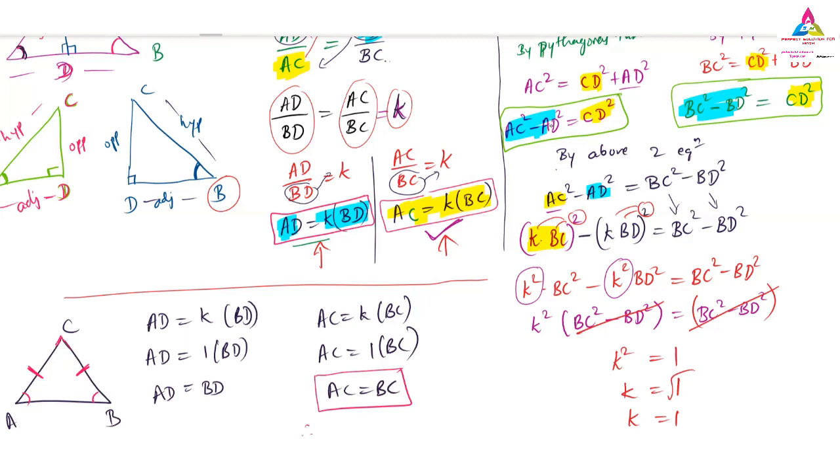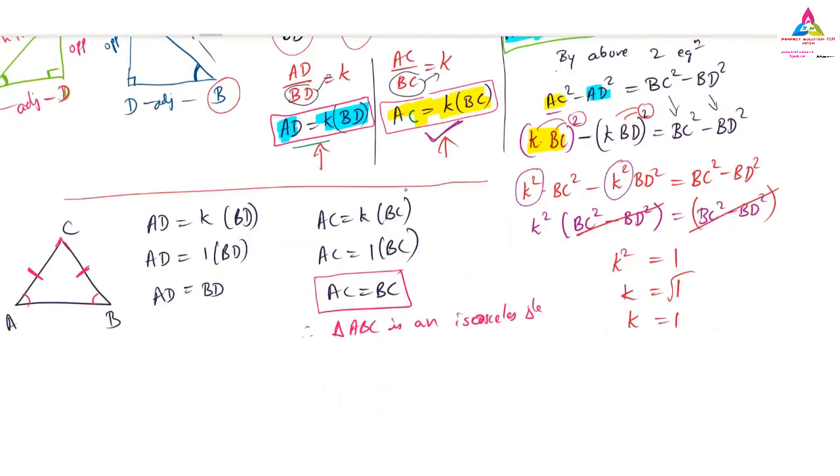Therefore, triangle ABC is an isosceles triangle, and we can take that angle A is equal to angle B. So it is a proof.